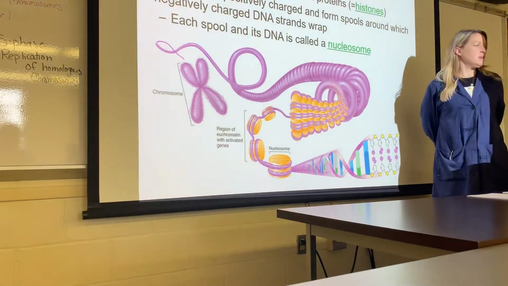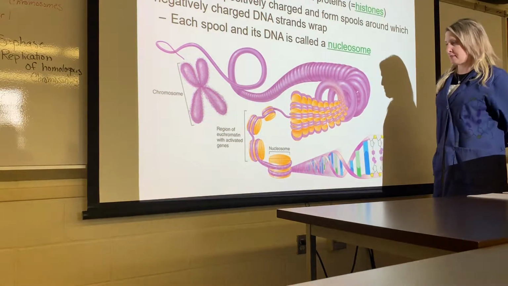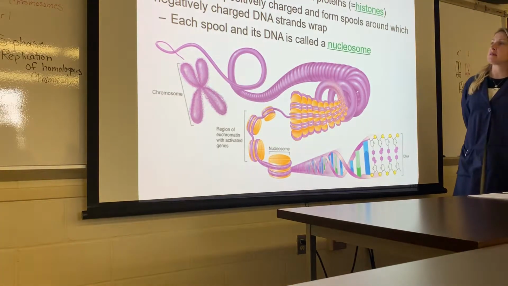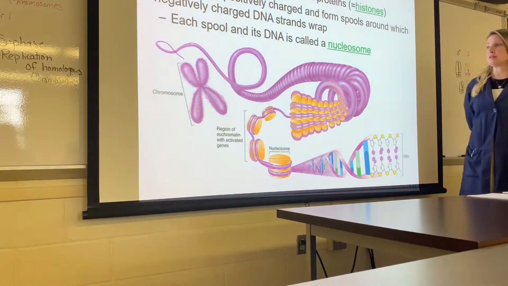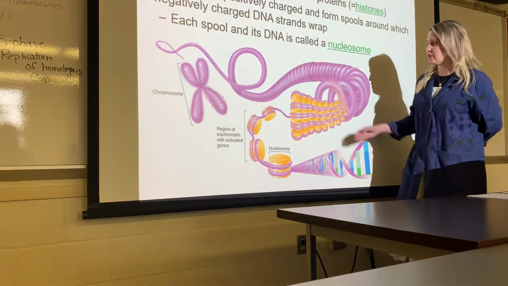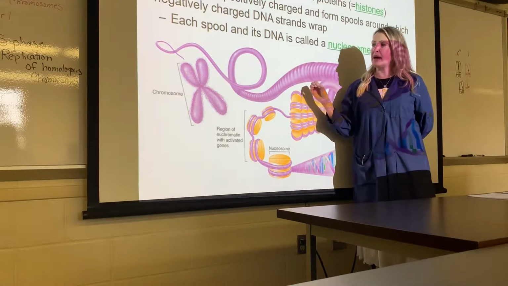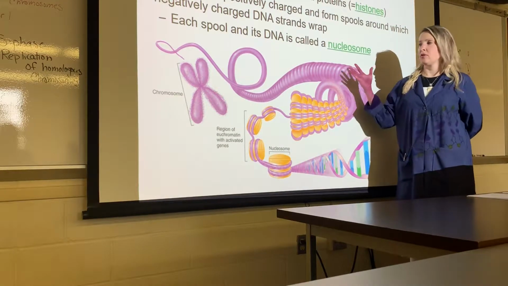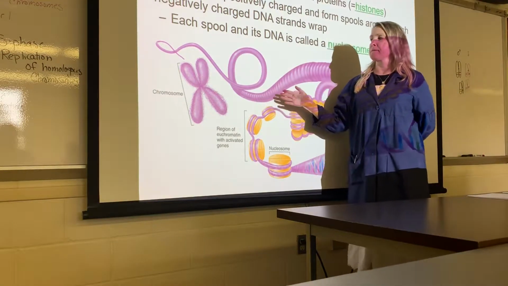But first of all, chromatin, as I mentioned earlier in the class today, is DNA, which is highly ordered and organized, but it is the more loose form out of chromosomes and chromatin.